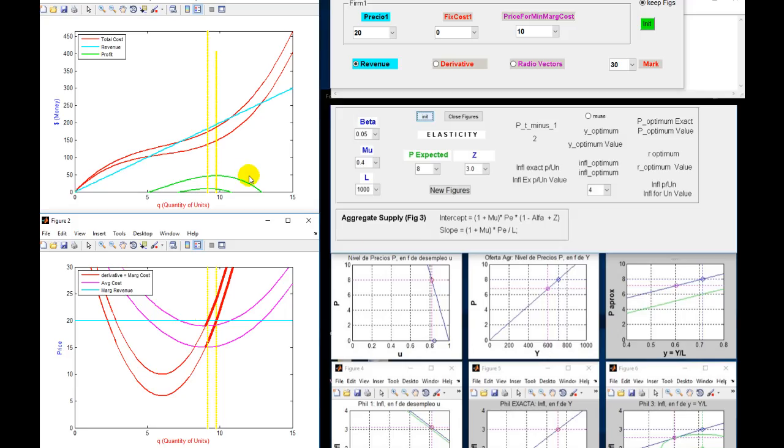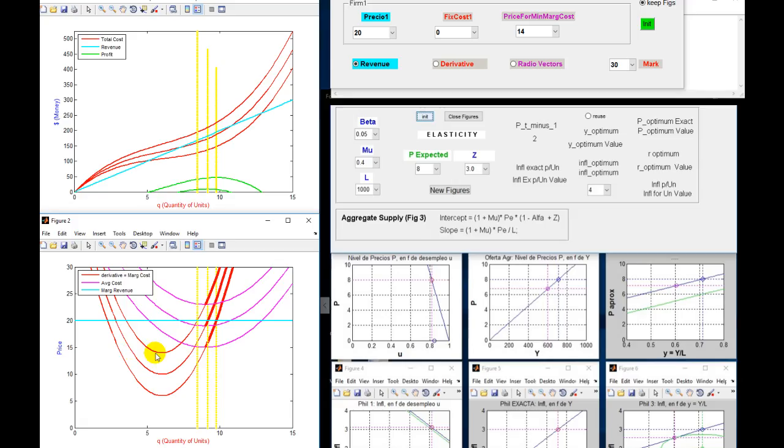However, if the costs increase, let's say to 14, now 14 is going to be this value here.